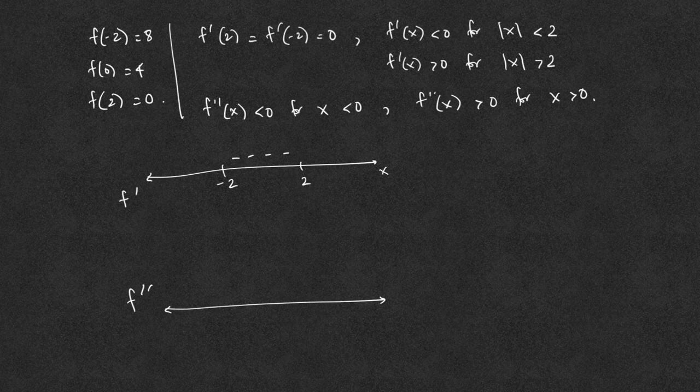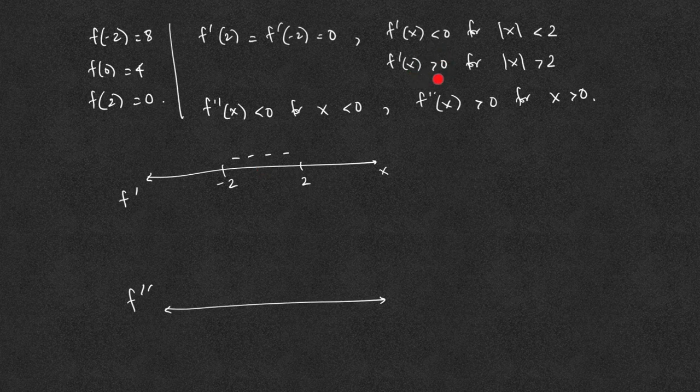The absolute value of x less than 2 means the distance from x to 0 is less than 2. Any number between -2 and 2 has a distance less than 2 to the origin.